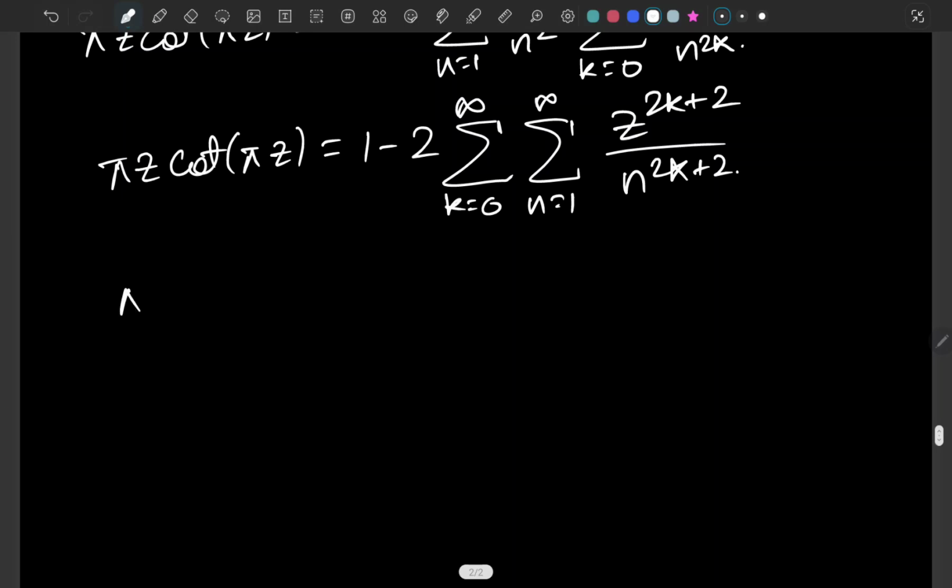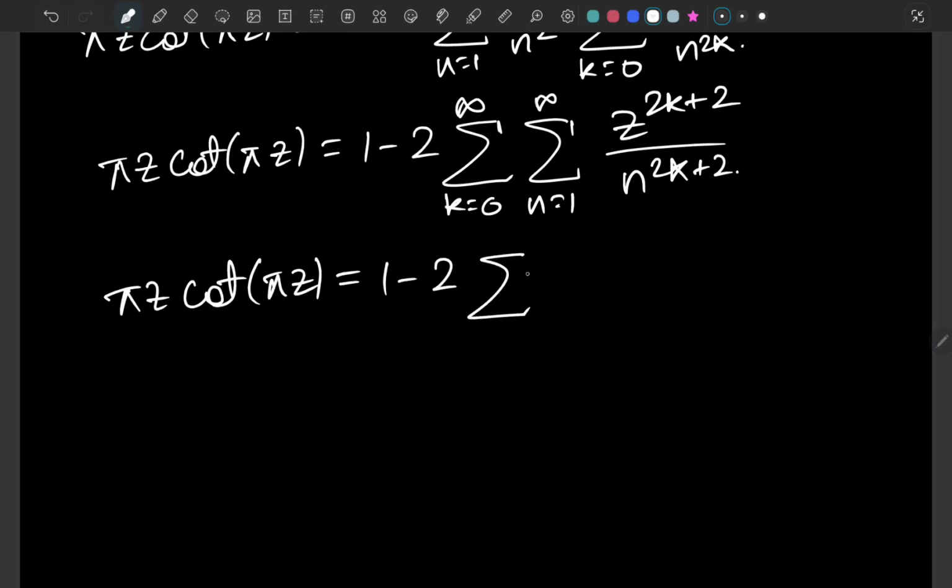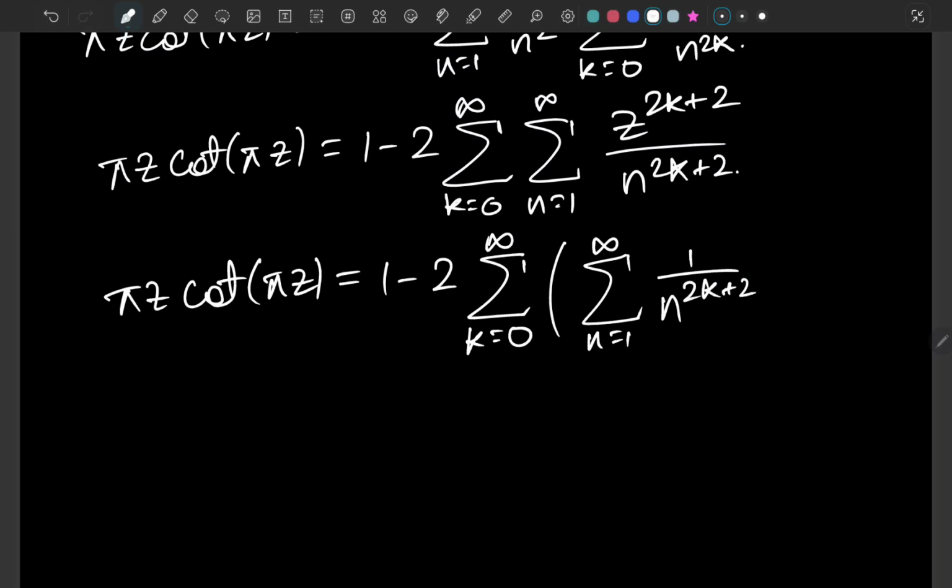Okay, and here pi z cotangent of pi z comes out to be 1 minus 2 times the sum as k goes from 0 to infinity. Let me show you this clearly. The sum as n goes from 1 to infinity of 1 over n to the 2k plus 2, and it's z to the 2k plus 2, right?